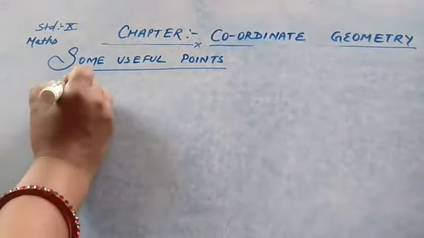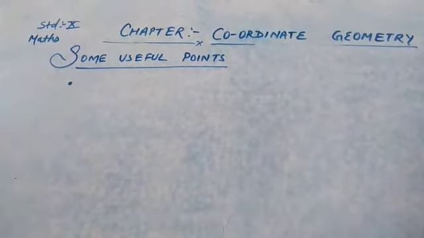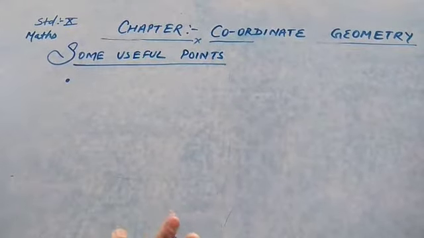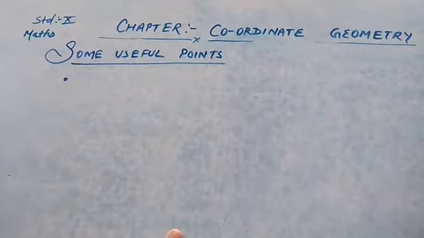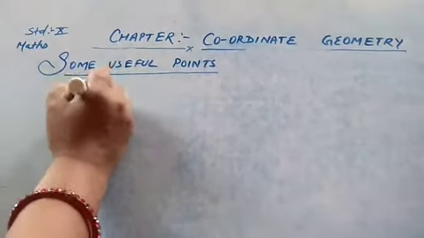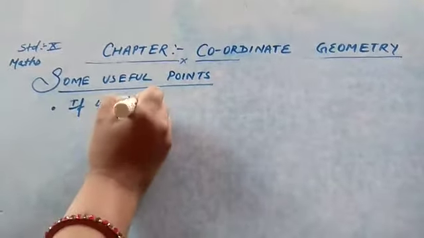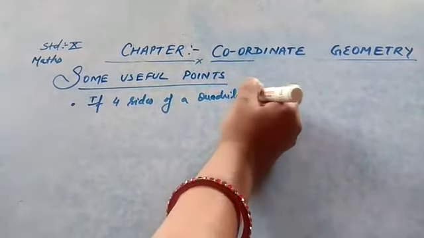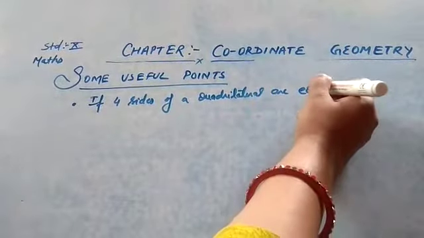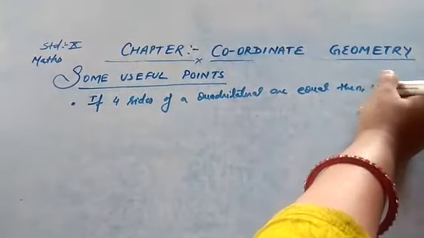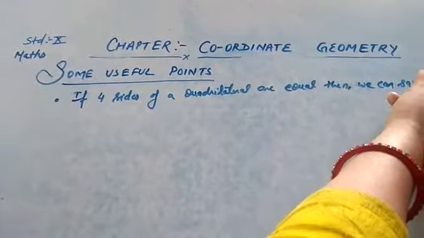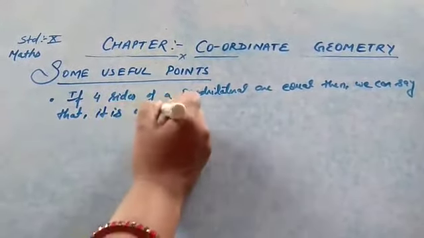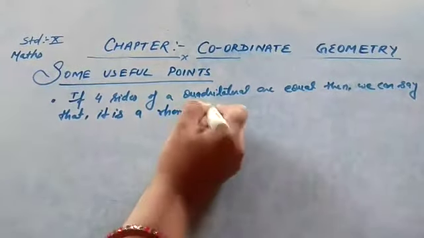See, as we know that whenever we need to prove that a quadrilateral is a rhombus or not, we have to prove that its four sides are equal to each other. So if four sides of a quadrilateral are equal, then we can say that it is a rhombus.